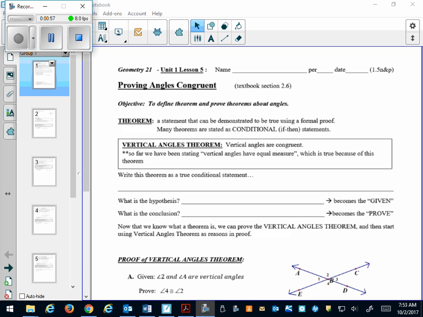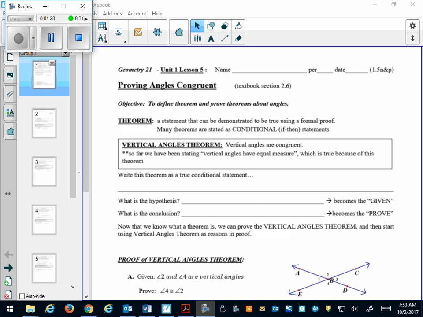So theoretically, things kind of start out as conjectures, like, it seems like this is always going to be true. And then somebody writes a formal proof about it, and that's how it gets promoted to being a theorem. Okay? So in this class, every time we come across a theorem in the book, we can write the formal proof of that theorem.